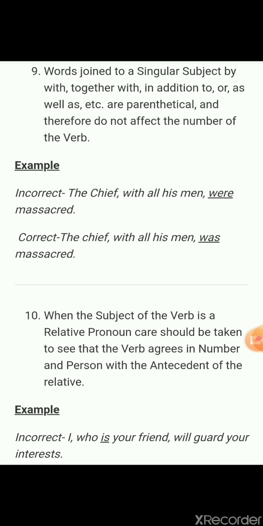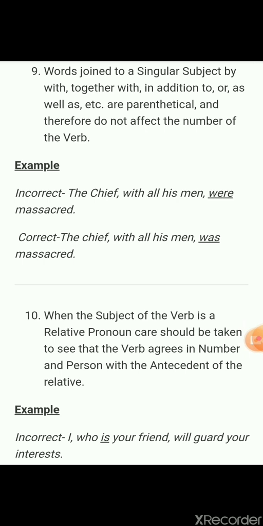Words joined to a singular subject by with, together with, in addition to, or as well as are parenthetical and therefore do not affect the number of the verb. That means very clearly that when together with, in addition to, or as well as are coming in the sentence, then there is no need to provide the which verb? Yes, of course, the plural verb. So look at the example, it will be clear to you.